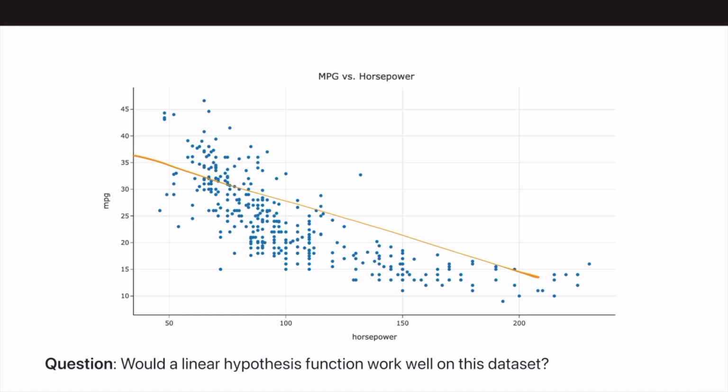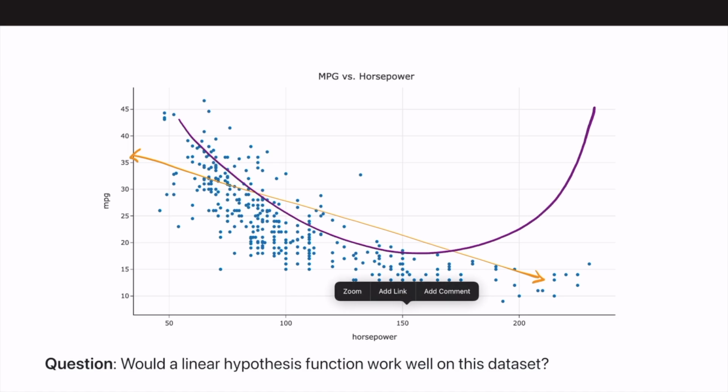It should look maybe something like this. But there also seems to be some other type of pattern here, and perhaps it would be better to fit this data with some sort of quadratic hypothesis function. Maybe that's not the best either, but it's good to know that we have options, especially when we're presented with interesting patterns in the data that suggest nonlinearity.